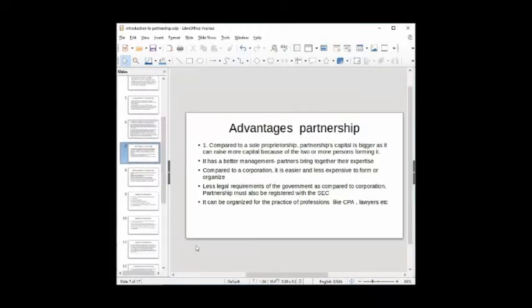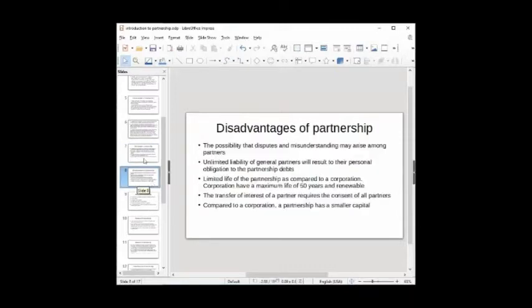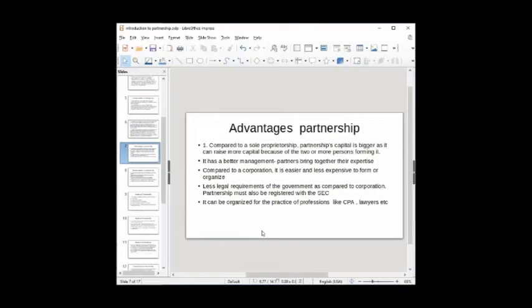There are advantages in partnership as well as disadvantages. Now let's talk first about the advantages of partnership. Number one, compared to a sole proprietorship, partnership capital is bigger as it can raise more capital because of the two or more persons forming it.